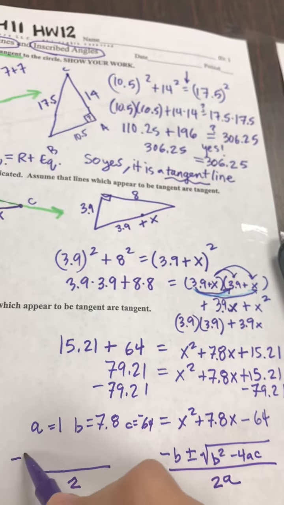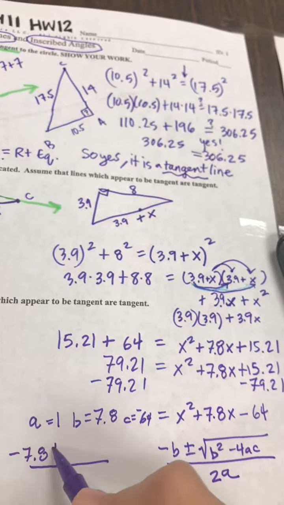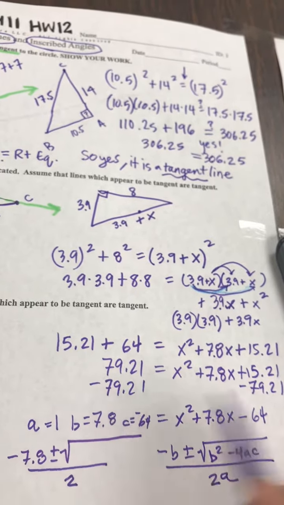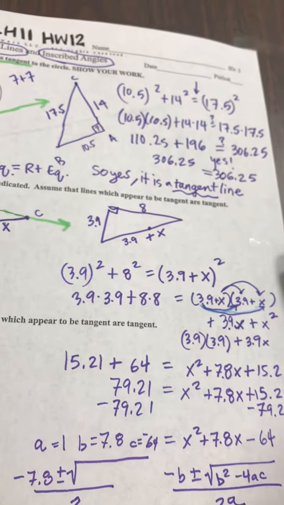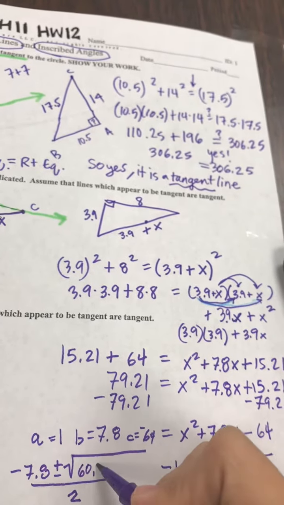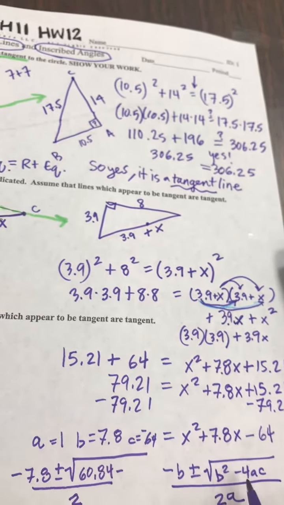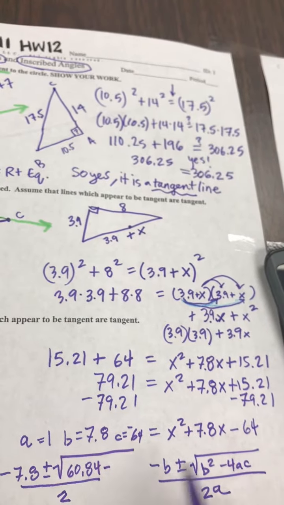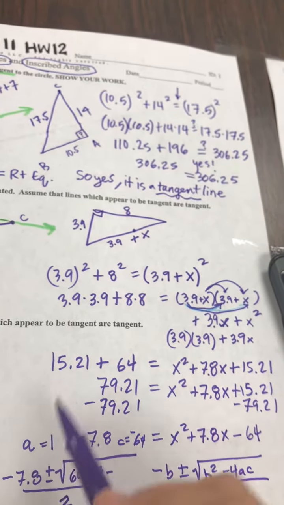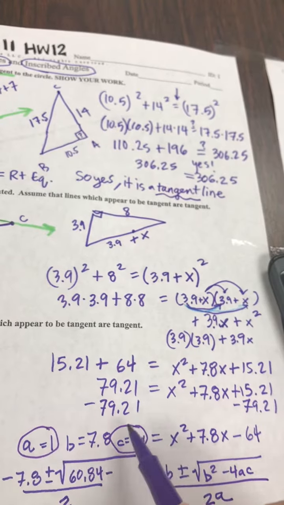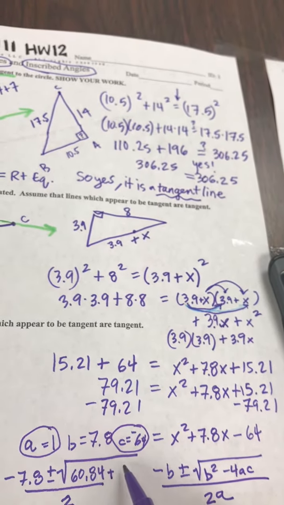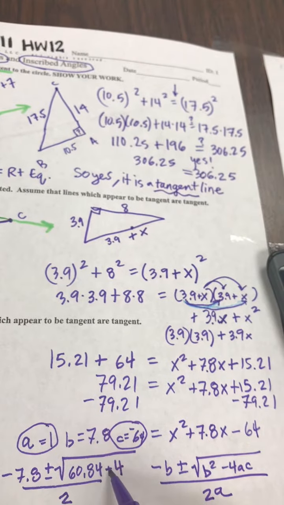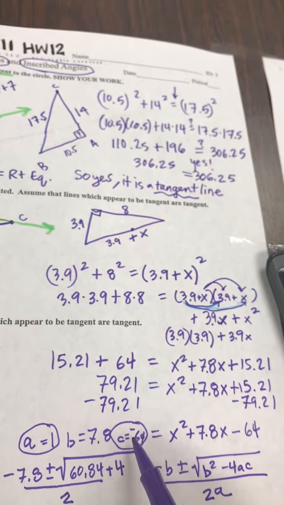Negative b. So I got a negative 7.8 plus or minus, and I have to square that. So that'd be 60.84 minus 4ac. So minus 4, and then this, and then that. But minus a minus would be a positive.